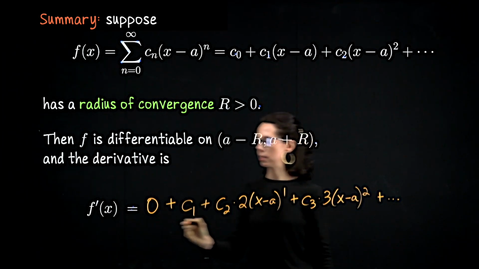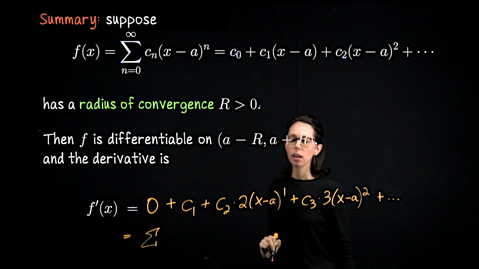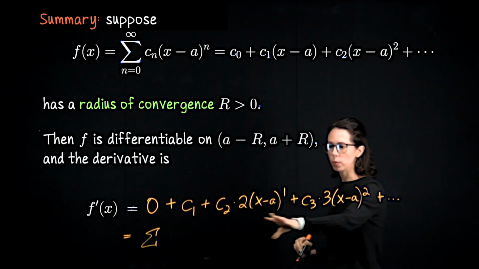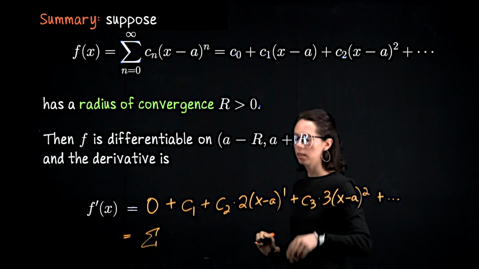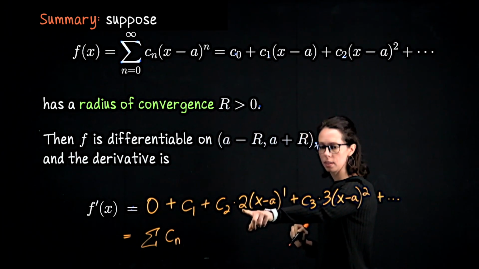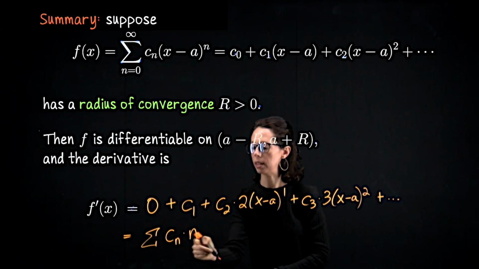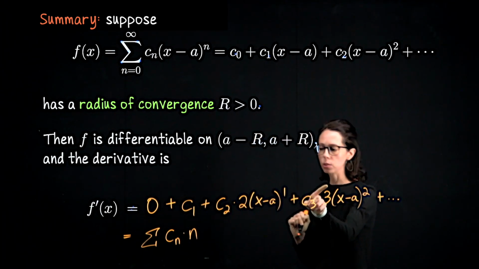We can write this concisely as the series where, let me write the terms first. It's going to be the original constants, so I'll write C sub n times this exponent, which came down. Notice that matches the subscript here. So n and n times x minus a to the n minus 1.